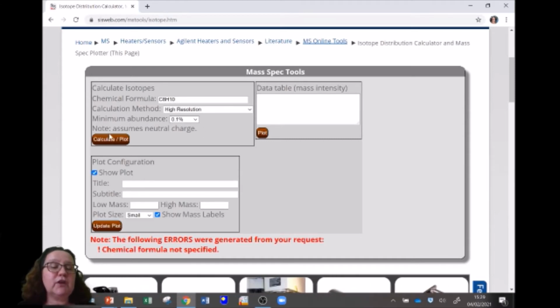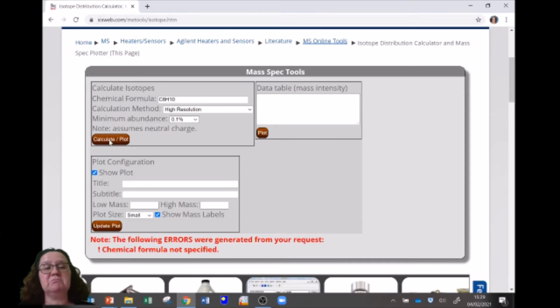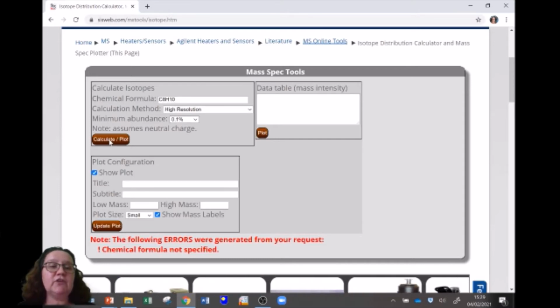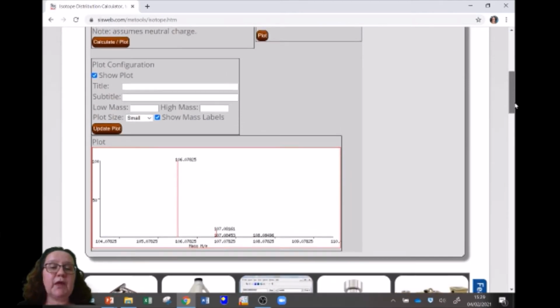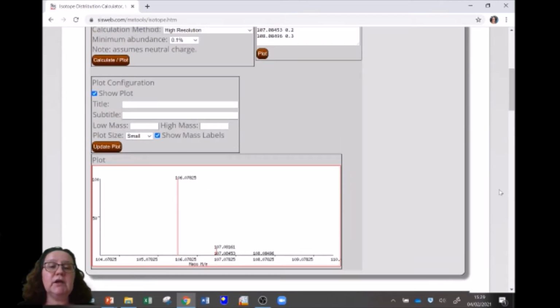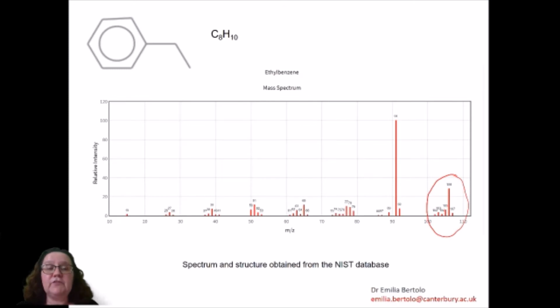So if I select high resolution but not a particularly high minimum abundance for my C8H10, and I click calculate plot, it tells me that I should expect the main peak to be at 106 mass to charge ratio. And if I go to my spectrum, I can see that yes, as I was expecting, it is the most abundant peak in that particular cluster that corresponds to C8H10, the one at 106.